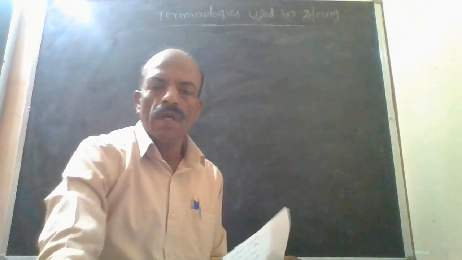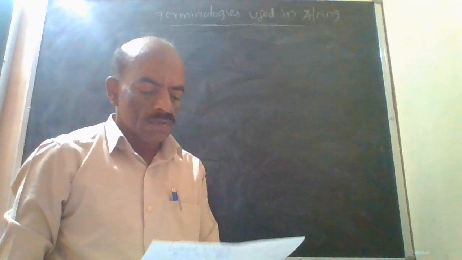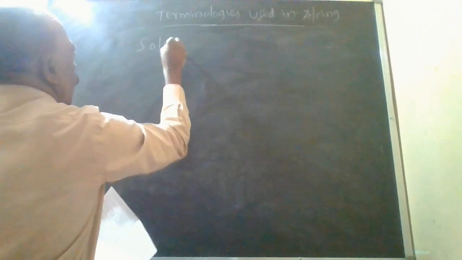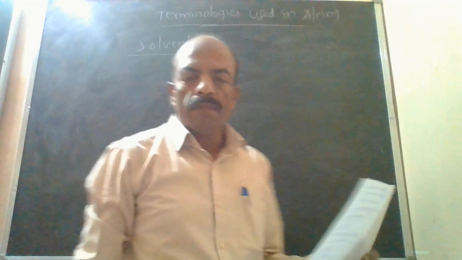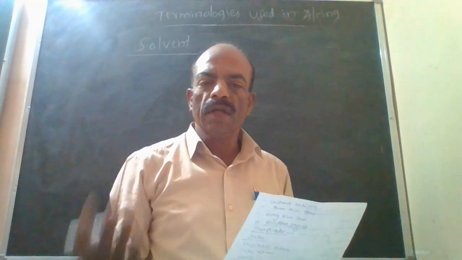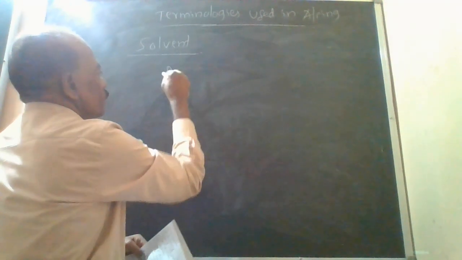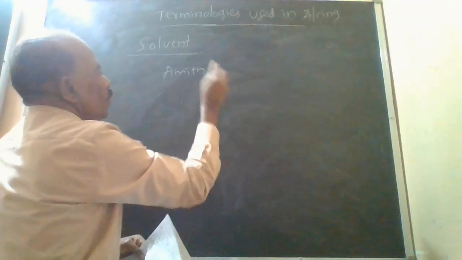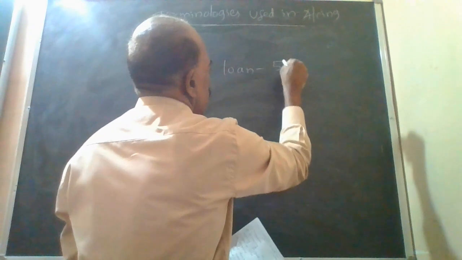So next we have to understand the term solvent. Solvent means who is able to pay the loan. For example, Mr. Amit took a loan from the bank, 50,000 rupees.